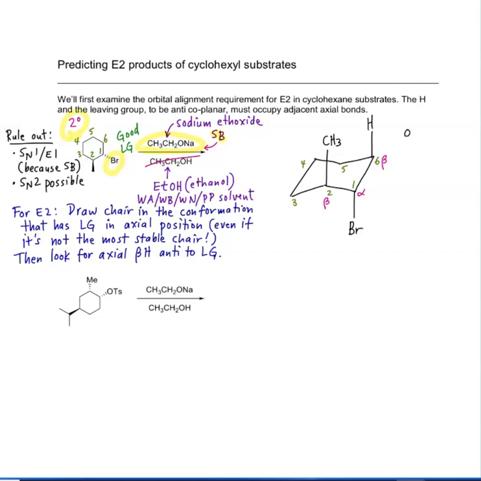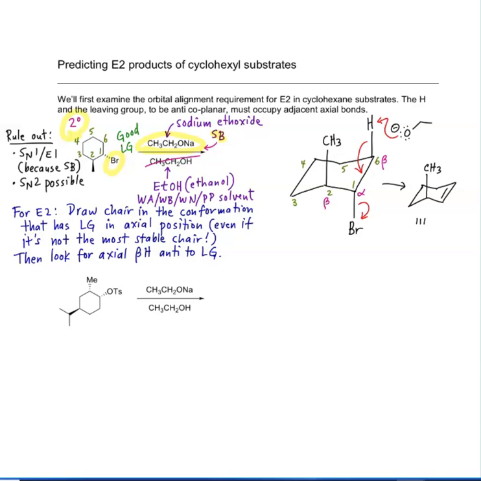That's what the base is going to pull off. So here's ethoxide as the base. It pulls off the proton, the pi bond forms, and the bromine gets kicked out, which leaves us with this as our product.